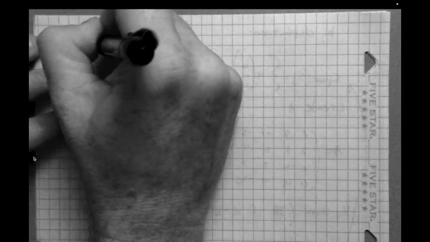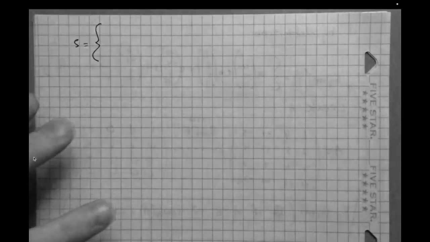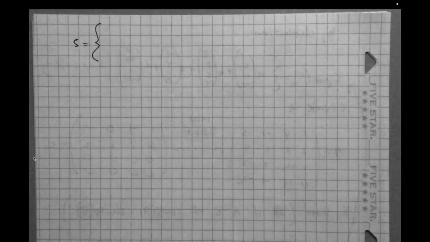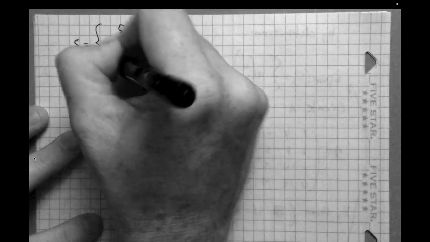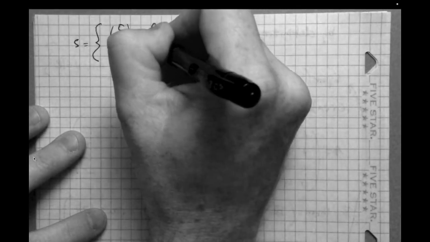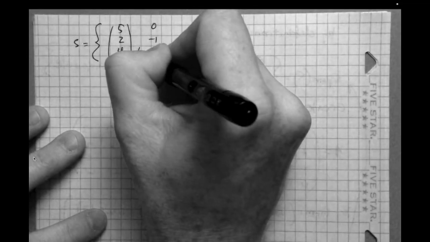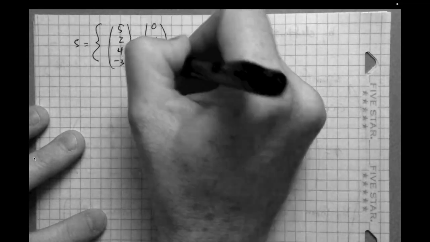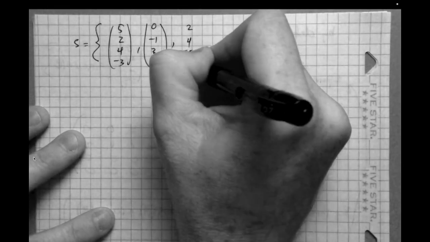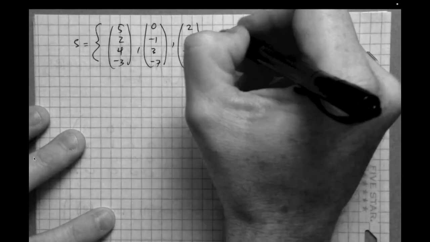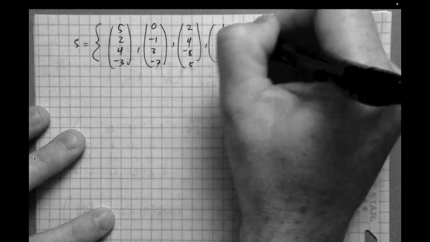So first thing we want to do is re-express S as vectors. It's just easier to work with them, and plus we need to plug them into a matrix, don't we? So S is really polynomials, but we can think of the coefficients of the polynomials as representing individual components in a vector. So 5, 2, 4, negative 3, 0, negative 1, 3, negative 7, and 2, 4, negative 8, 5, and 1, 0, 2, 5.